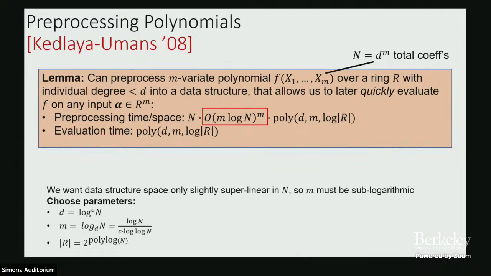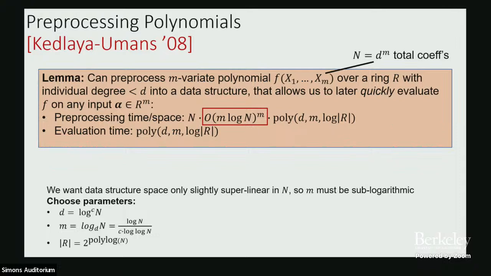So we're going to pick the parameters this way. Given a polynomial of length n, which would also be the size of the database later, we're going to set the degree to be some big polylog in n, log to the c of n. Then we'll set the number of variables so that d to the m is n. And this will be the size of the ring that will come from the cryptography, 2 to polylog n.